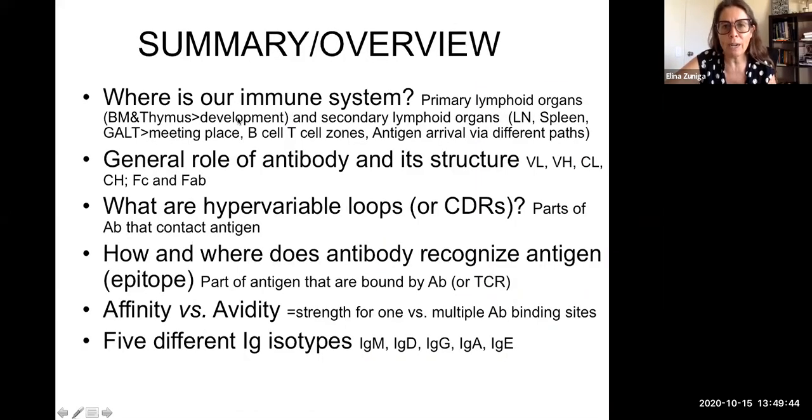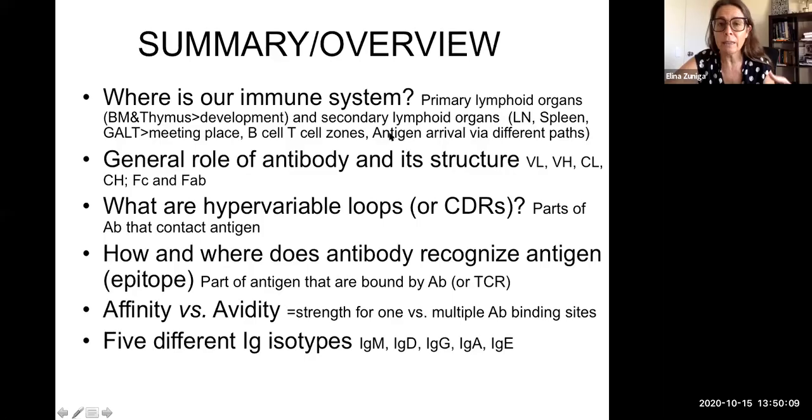So, okay, I want to end with the summary. Where is our immune system? We learned about primary lymphoid organs, the bone marrow and the thymus, that are important for development of lymphocytes, the secondary lymphoid organs that are the lymph nodes, the spleen, and the gut-associated lymphoid tissues, which provide a meeting place with B cell zones and T cell zones.